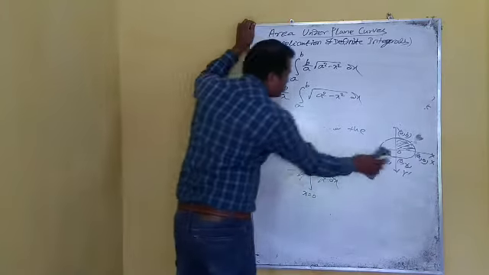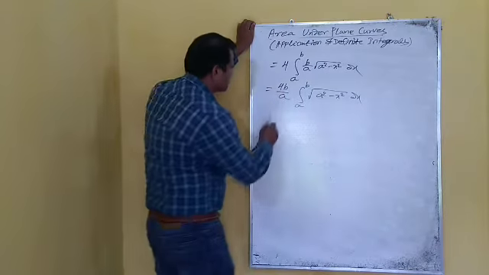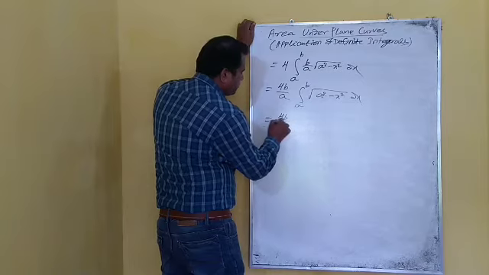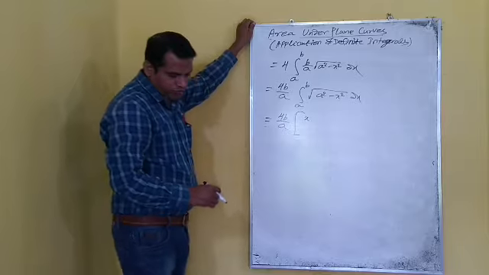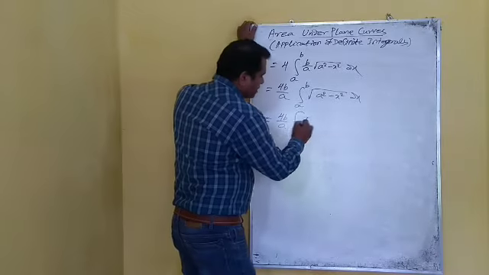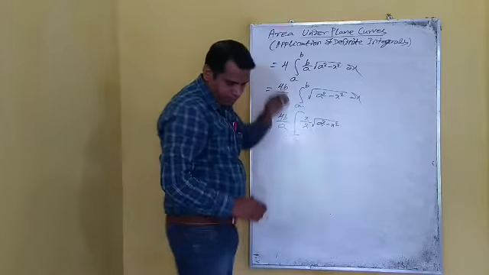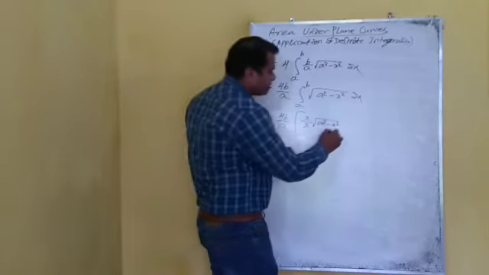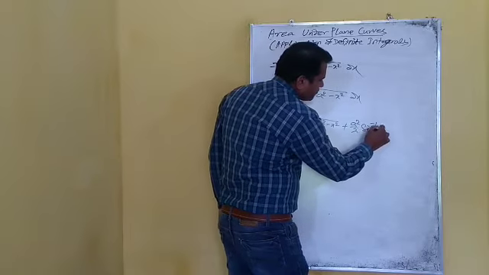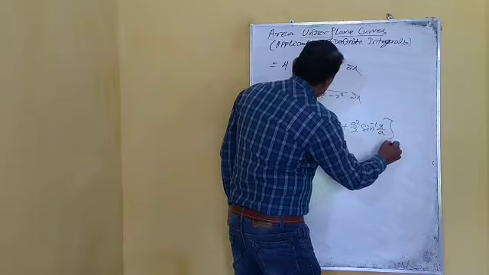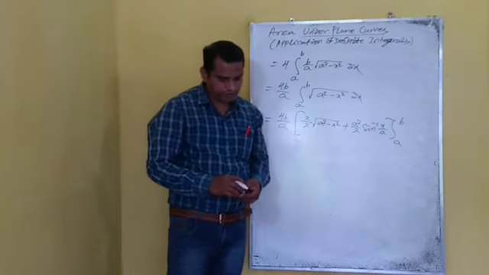You know the formula: 4b by a times x by 2 root over of a square minus x square plus a square by 2 sin inverse x by a, from 0 to a.